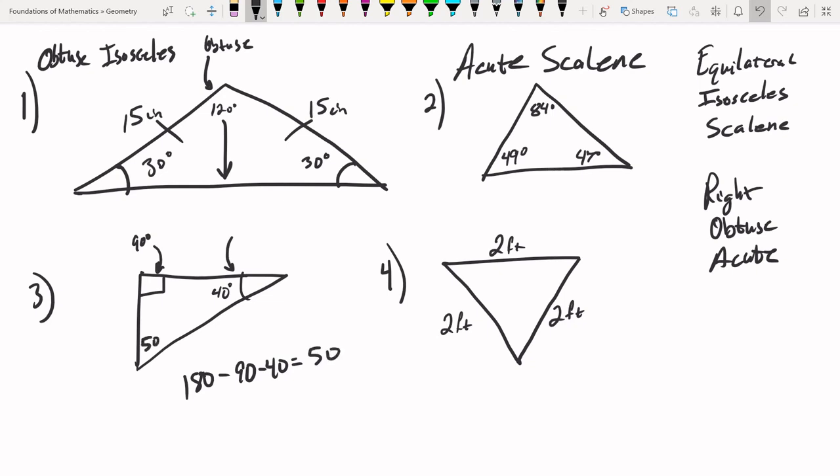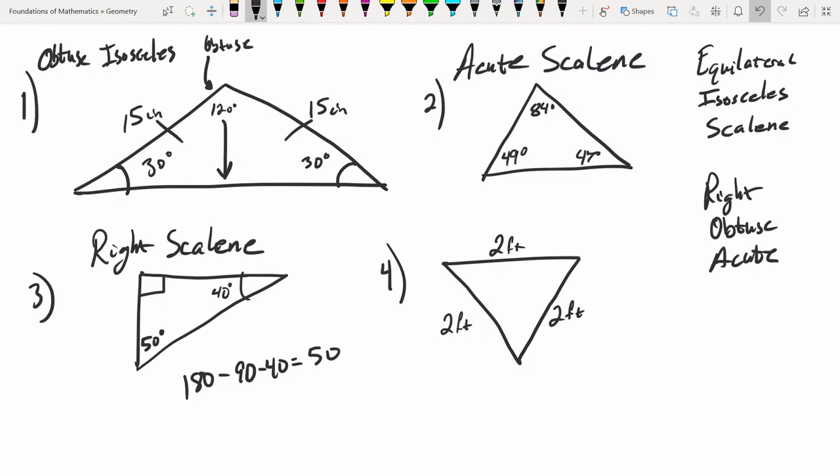This is going to be 50 degrees. And we have a 40, a 50, a 90. All of the angles are different. Therefore, all the side lengths will be different, which means this is going to be a scalene triangle. So it's going to be a right scalene triangle.